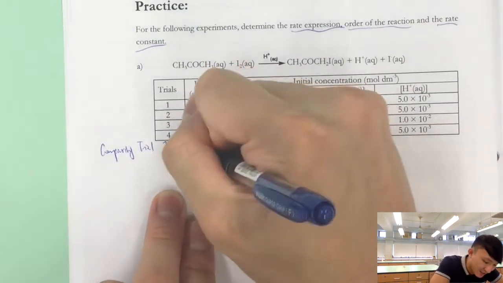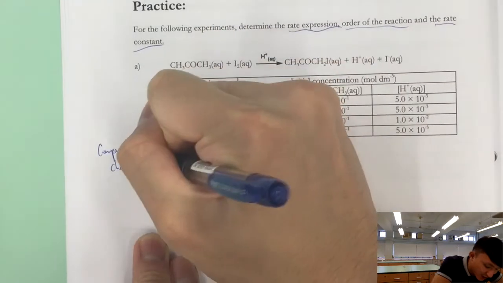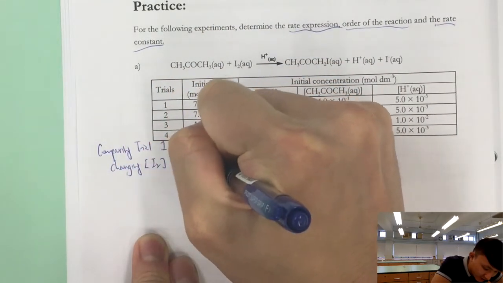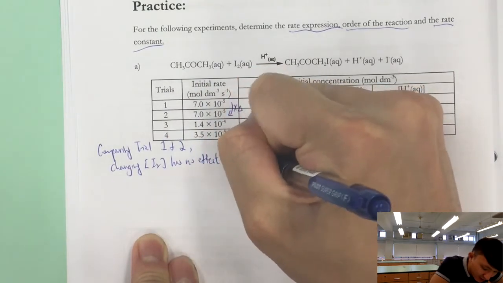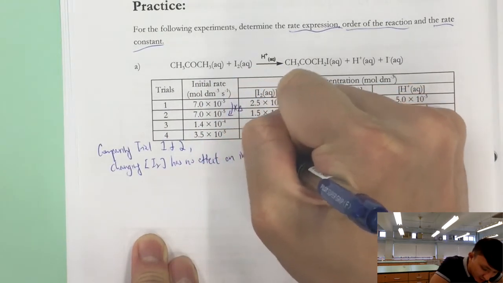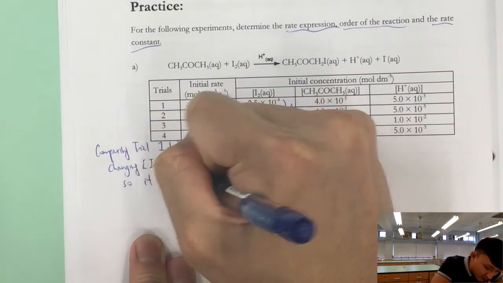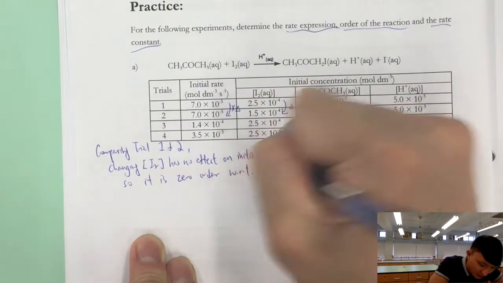So, we say that changing concentration of iodine has no effect on initial rate. So, it is 0 order with respect to I2.